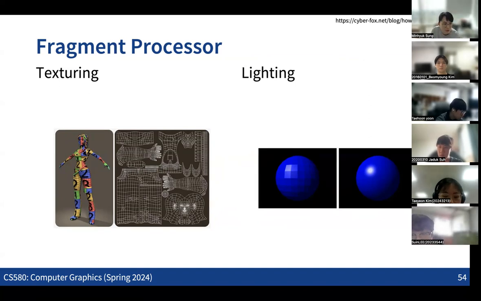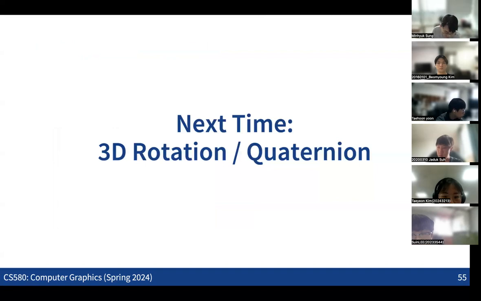Next time, we're going to get into more details about how we can represent 3D rotations in a different way using the quaternion. So these are reviewing the basics about transformations and the OpenGL pipeline. After that, we're going to have a break next Wednesday, and then we're going to get into the details about the ray tracing techniques.